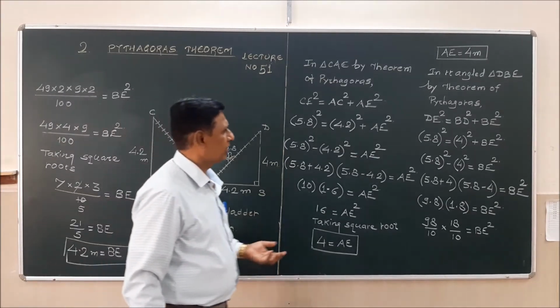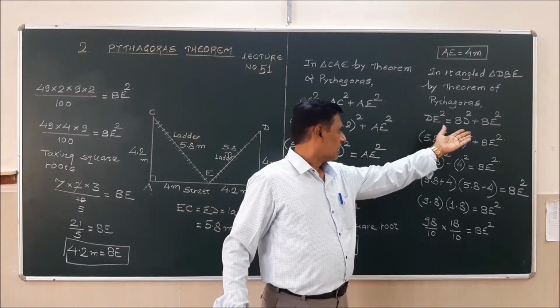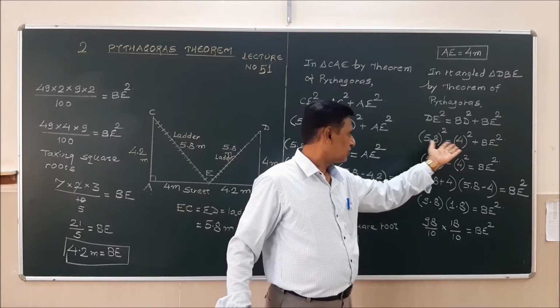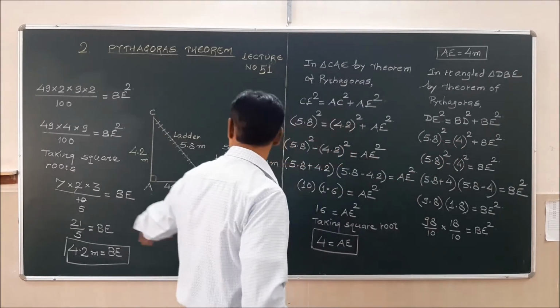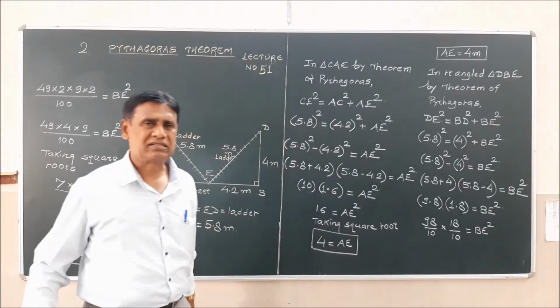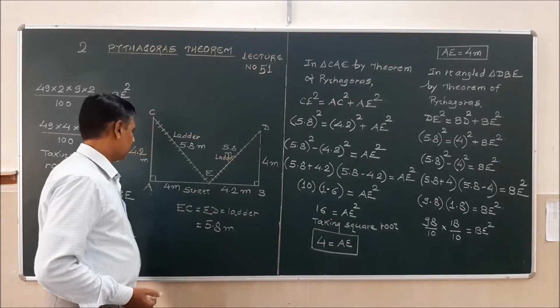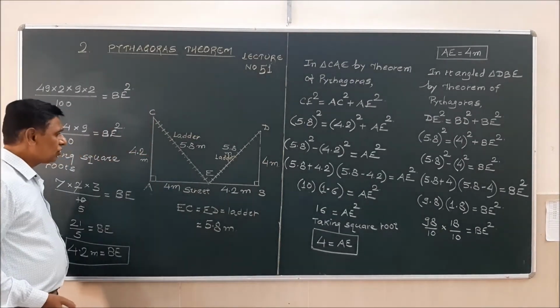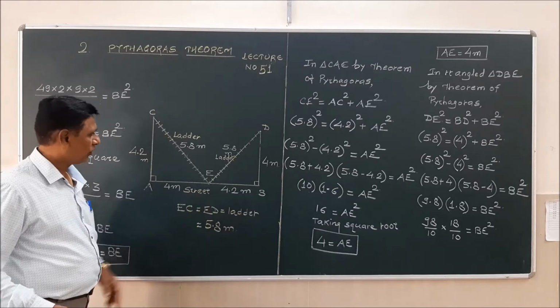Or even straight away you can do the square of 5.8 and then subtract the square of 4. You don't have to do such a big method. As I explained, many methods are there. Okay, so BE is 4.2.